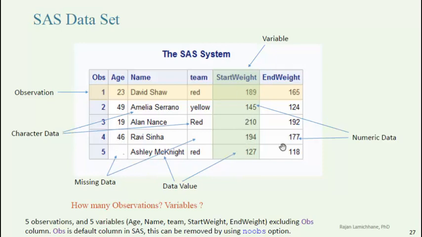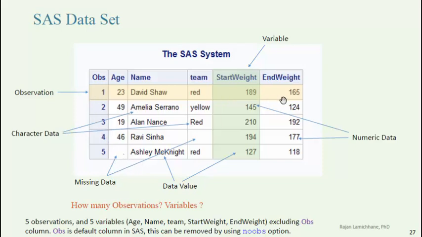Numerical variables are those where addition, subtraction, or all other arithmetic operations make sense. So you can add and subtract these values. In our case, age, start weight, and end weight are the numeric variables. And there are also missing values. If the values are missing in a character variable, then they are just a blank like this. And if they are missing in a numeric variable, then they are a period.